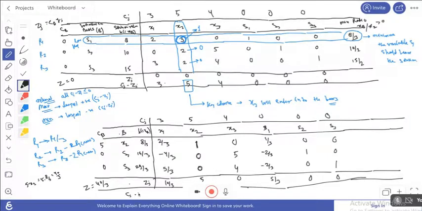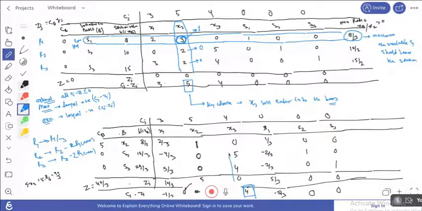Then what is the value of Cj minus Zj? Cj is 3, and 3 minus 10 by 3 becomes minus 1 by 3. Here 5 minus 5 equals 0. Here 4 minus 0 becomes 4. Here this is minus 5 by 3, and this is 0 and 0. Okay, so now we have to find which one is the largest positive. This is the largest positive, corresponding to your x3.